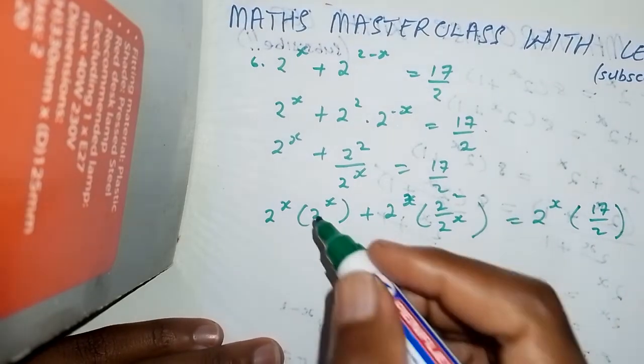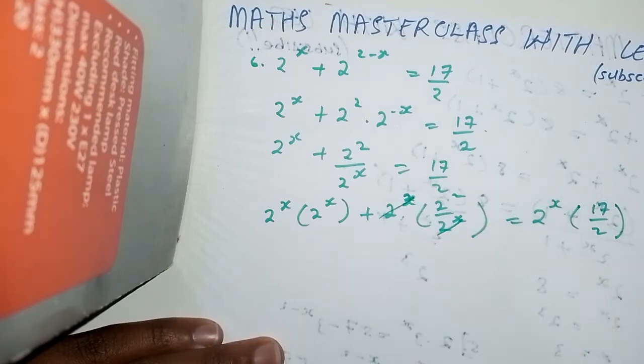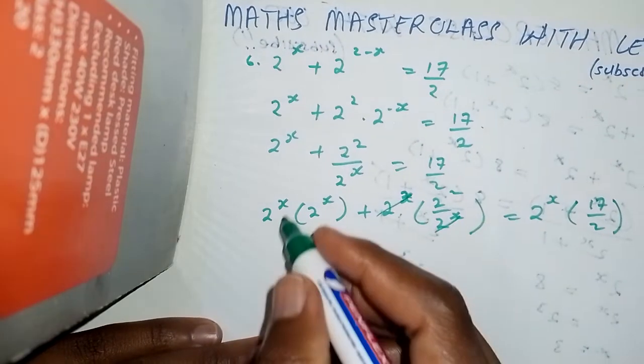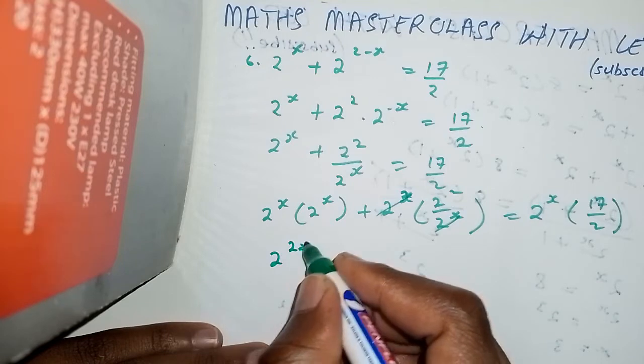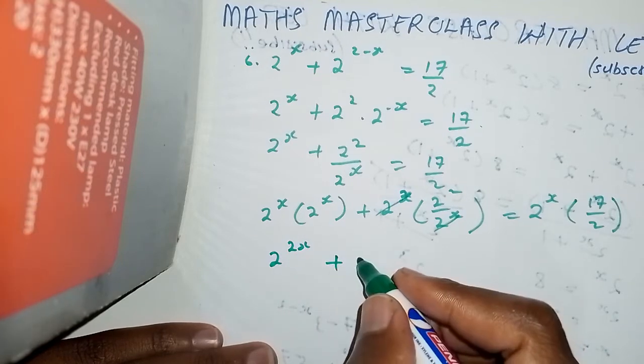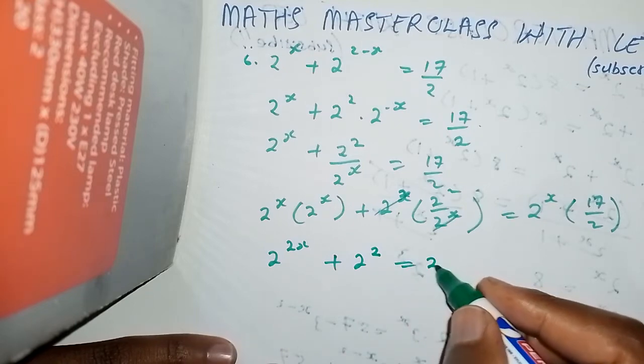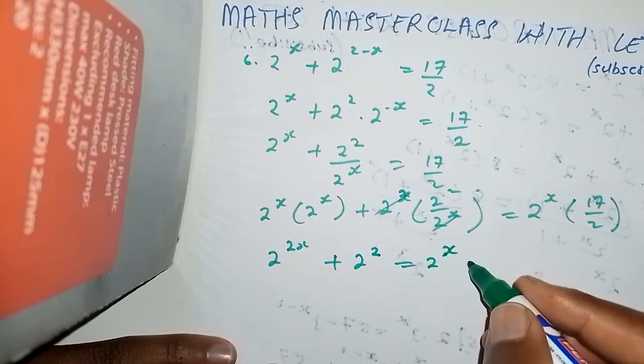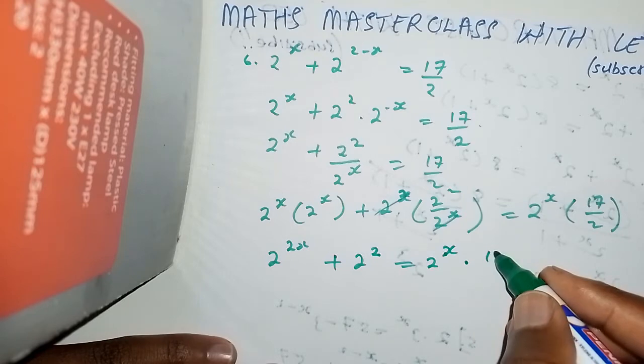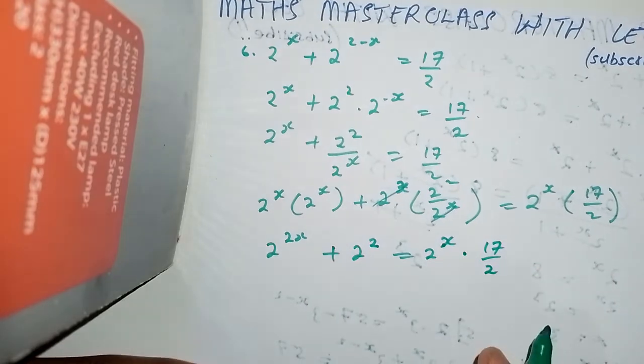Then this and this, they cancel, right? This and this will give me 2 to the power 2x plus, I believe this is going to give me 2 to the power 2 is equal to 2 to the power x multiplied by 17 over 2, right? Take this to the other side.